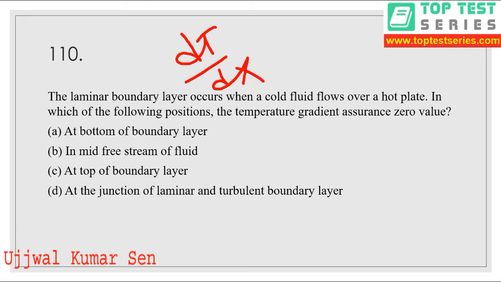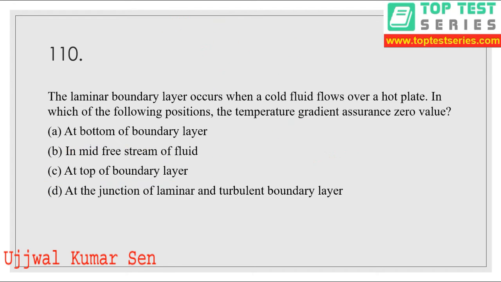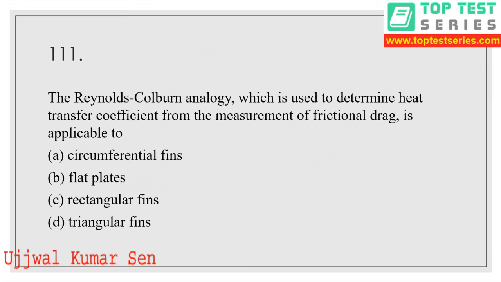It should be 0 when the temperature difference is 0, and that is possible at the top of the boundary layer, because the temperature equals the free stream temperature of the fluid, and only then it becomes 0. Therefore, option C is the correct answer for this question.